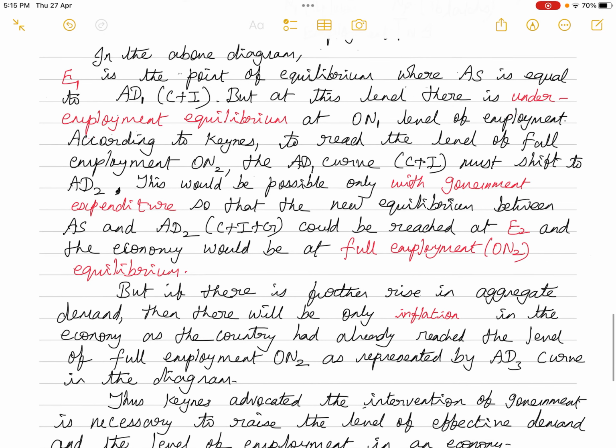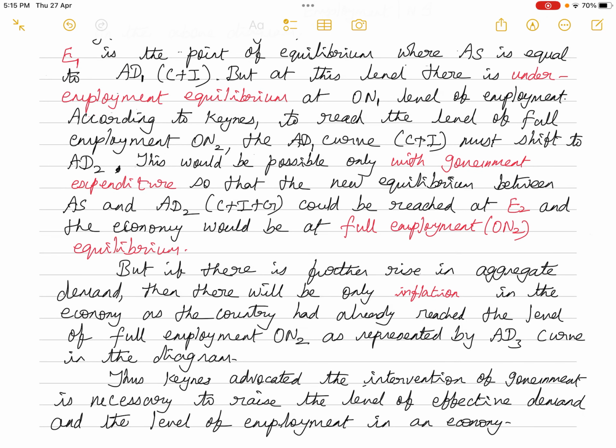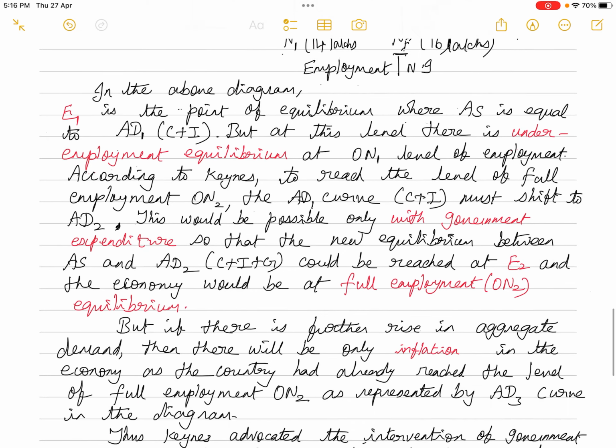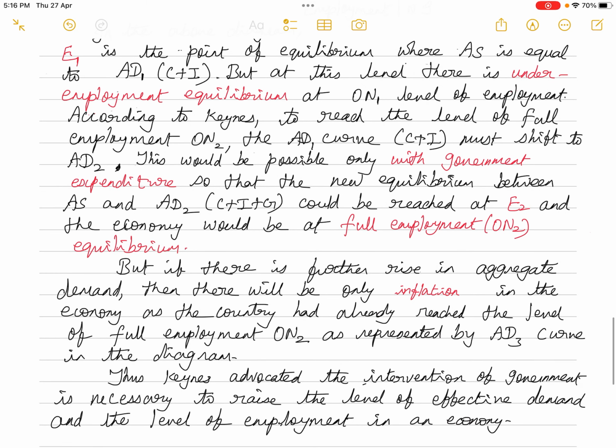According to Keynes, to reach the level of full employment ON2, sorry, this is not ON2. You can write it as NF because in the diagram we have mentioned NF. So you can change this to NF. According to Keynes, to reach the level of full employment ONF, the AD1 curve C plus I must shift to AD2, that is the green line.